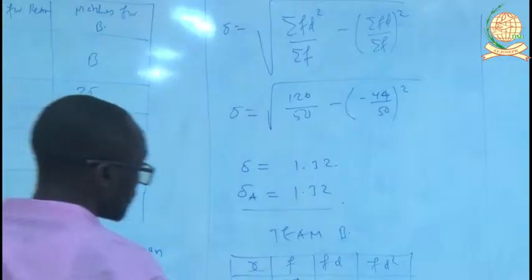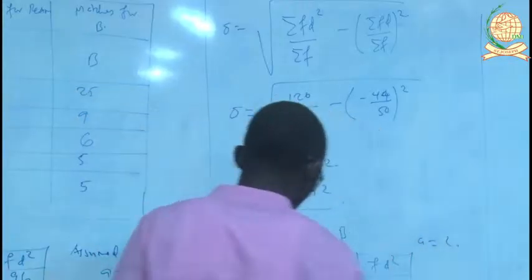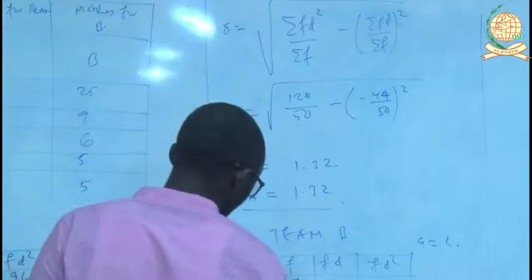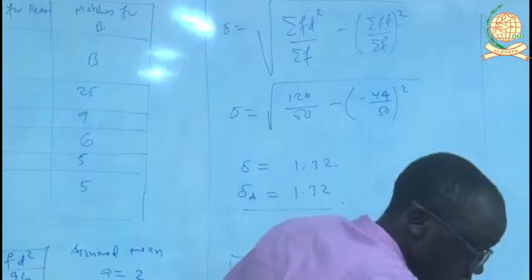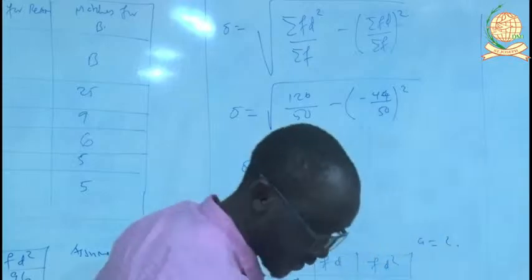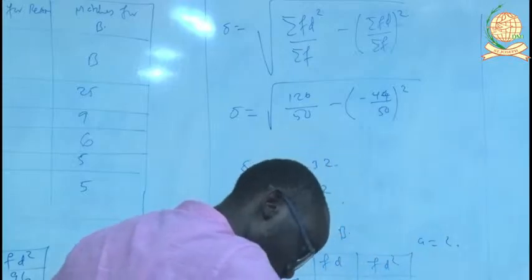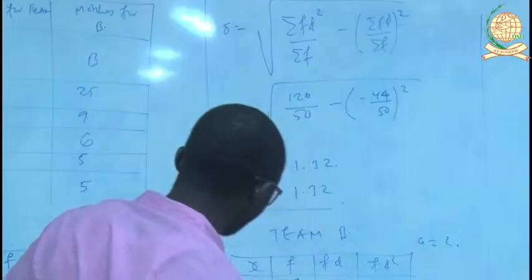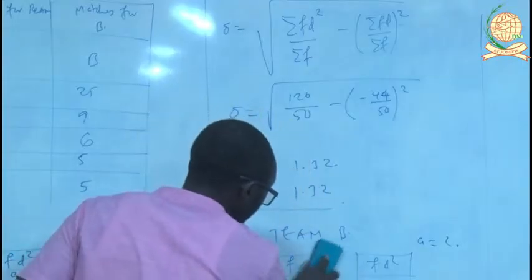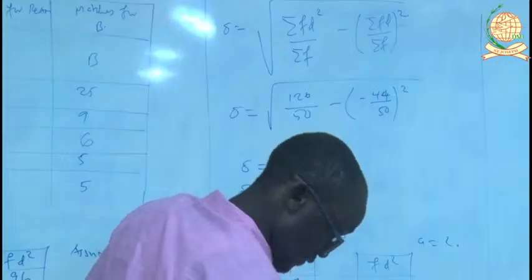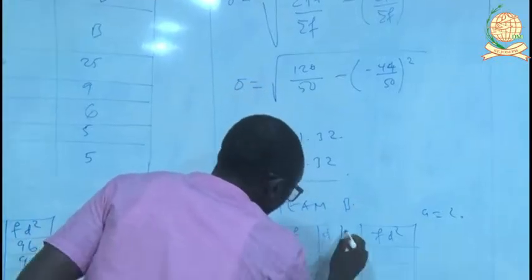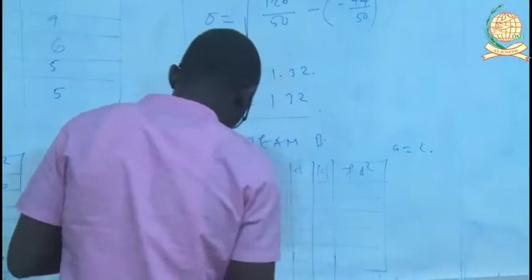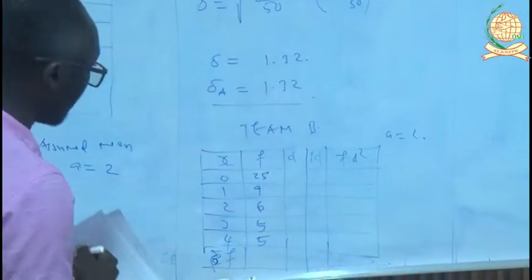For the deviation, you could choose again to assume the mean to be 2. Sorry, I missed it here, I didn't write the column for D again. So we need a column of deviation and f of D. The deviation is x minus a.